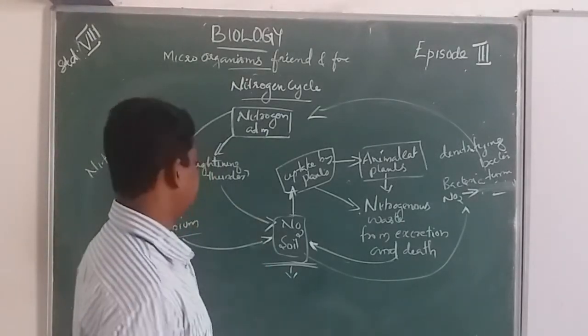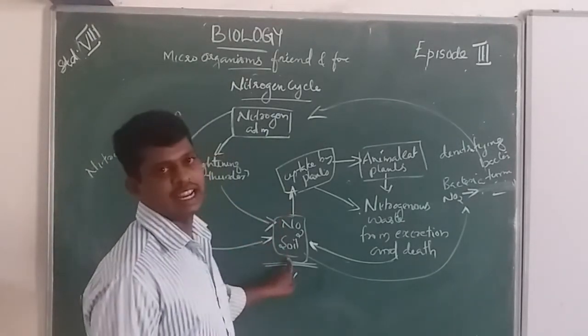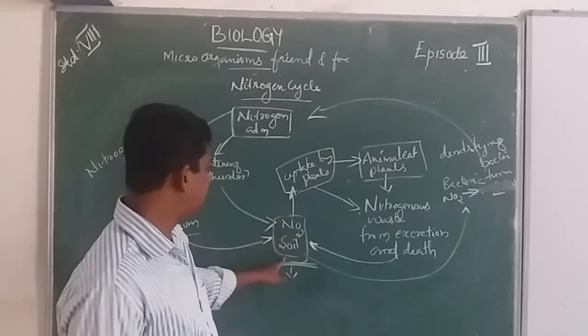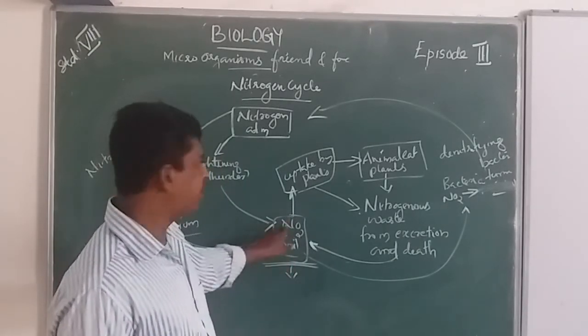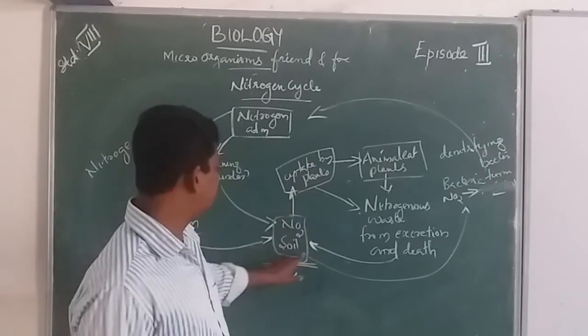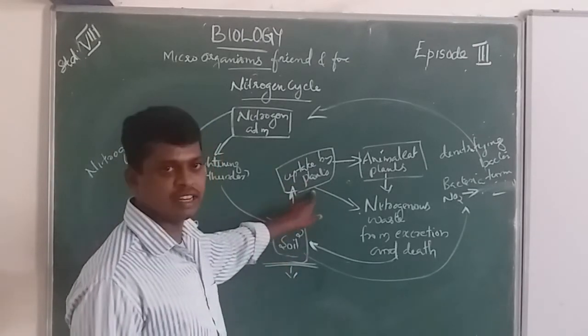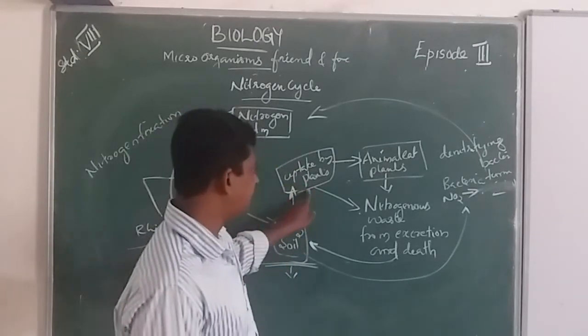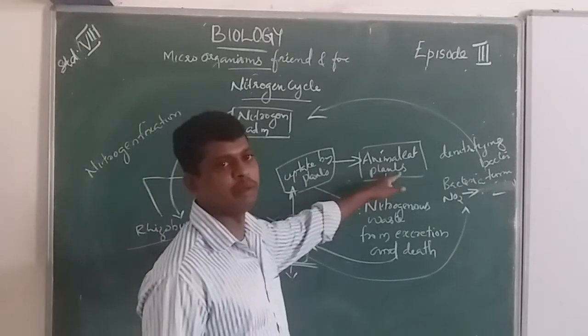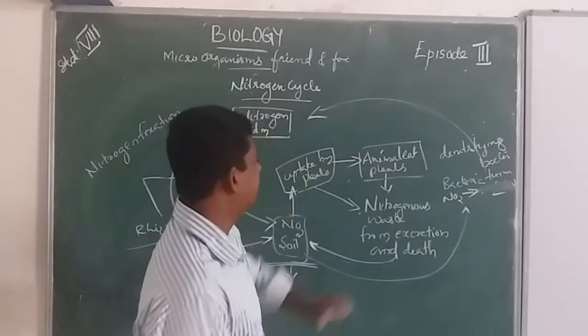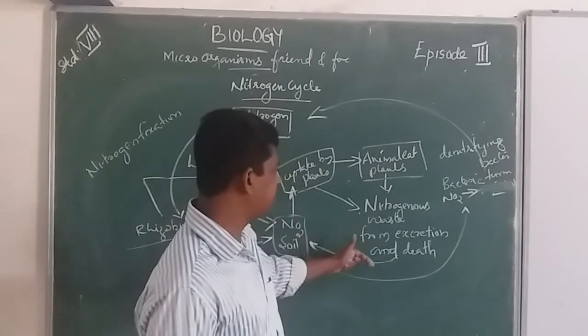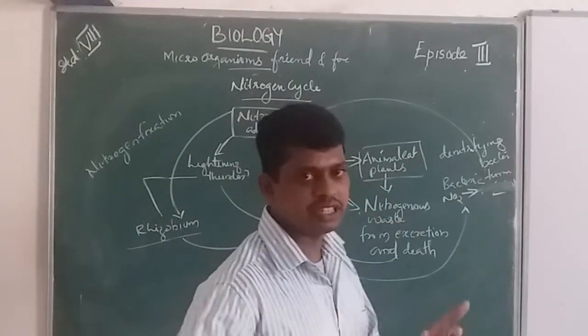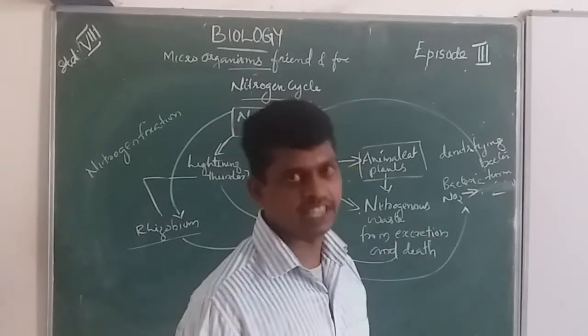And the second step is soil nitrate. Soil nitrate is uptaken by plants, and these plants are eaten by animals, and then animals excrete nitrogenous waste and they die and decay.